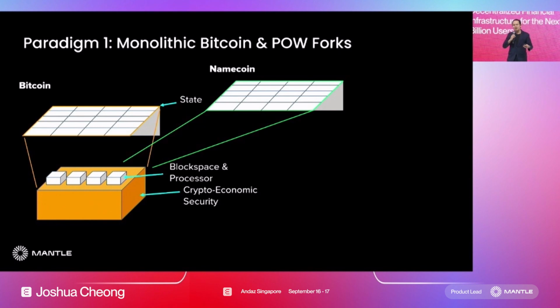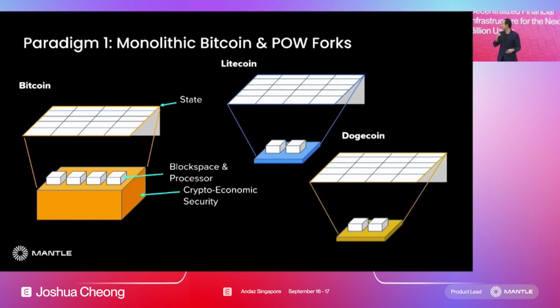But the challenge is, you're still forever fundamentally limited by the size of those blocks and the computational power of that processor, even though there's a lot of crypto economic security.